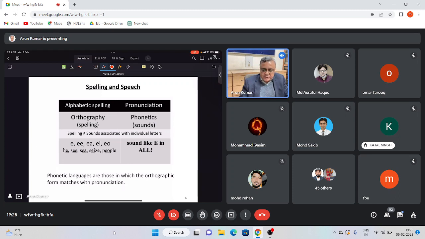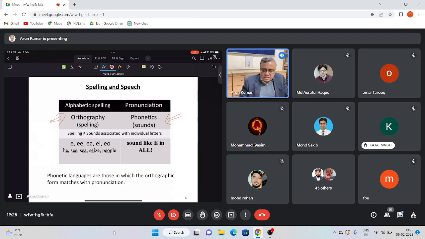Now, when we talk of speech, we have a written mode, which is basically the alphabetic spelling, and then the pronunciation. The spelling is also referred to as orthography, and the pronunciation is studied under the topic of phonetics.